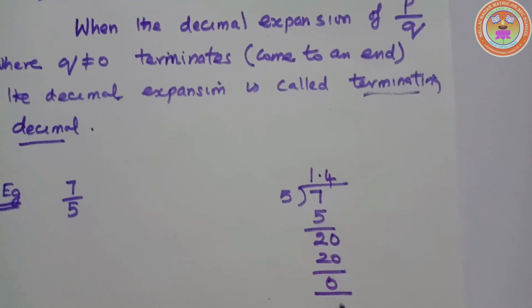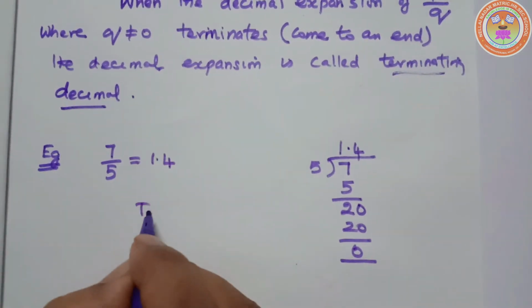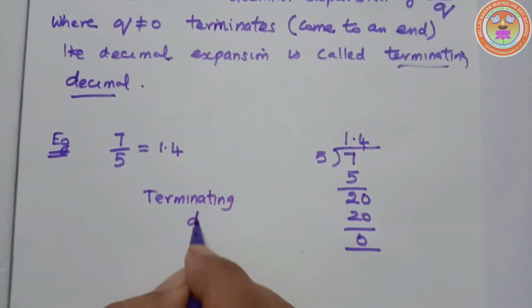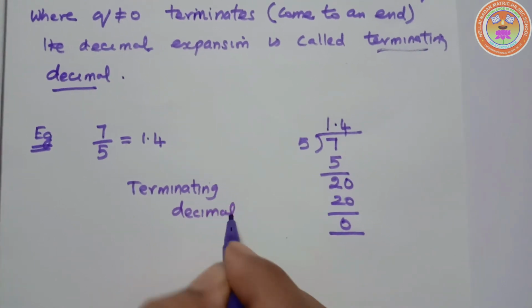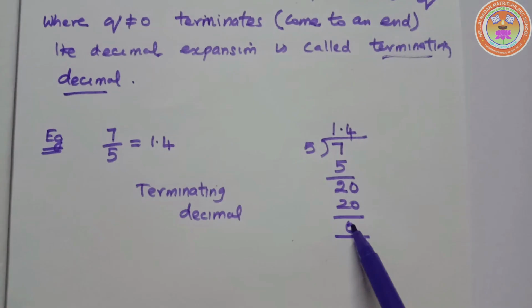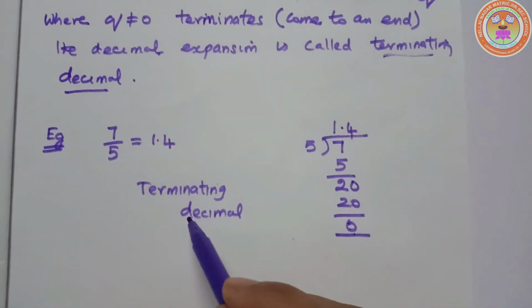So you get remainder 0. That is 1.4. This is a terminating decimal. Understood, children? When the remainder you get is 0, it comes to an end. It is a terminating decimal, right?